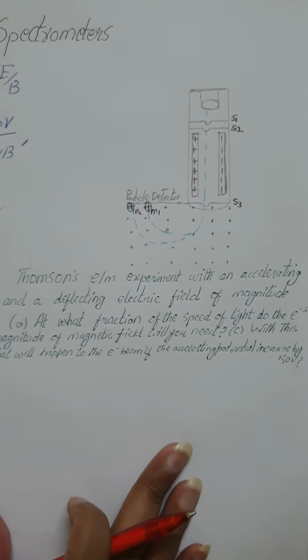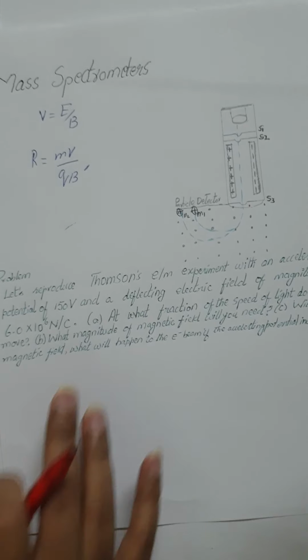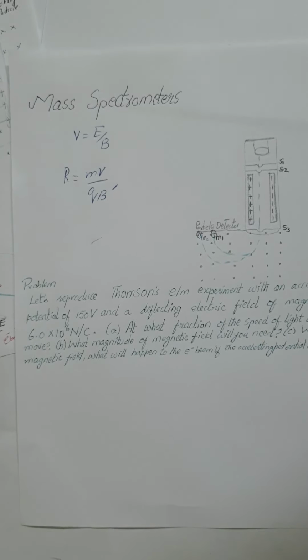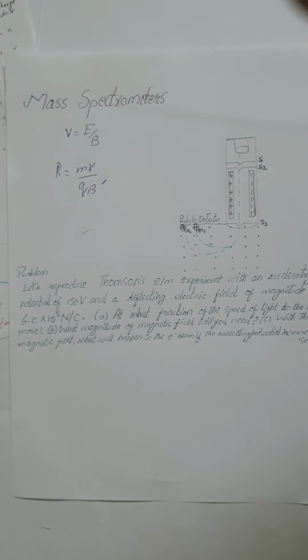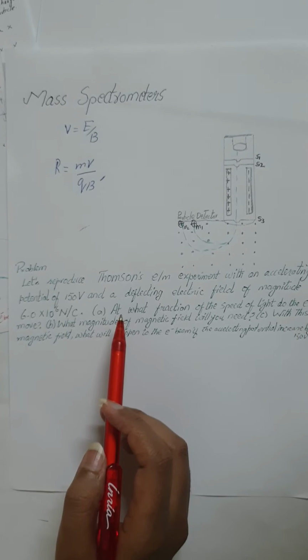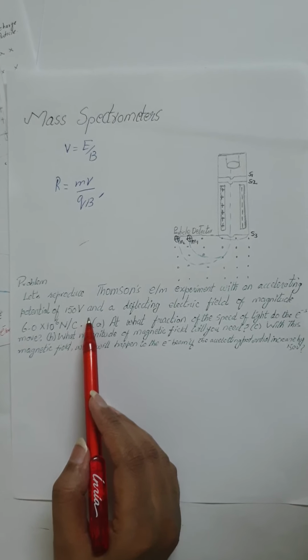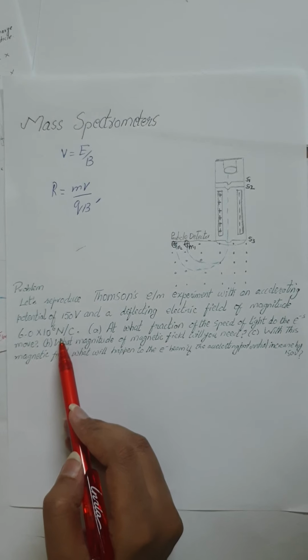So let's do a very simple sample problem which is related to the e/m experiment. Here you set out to reproduce Thomson's experiment with an accelerating potential difference of 150 volts and a deflecting electric field of magnitude 6 into 10 raised to 6 newton per coulomb.